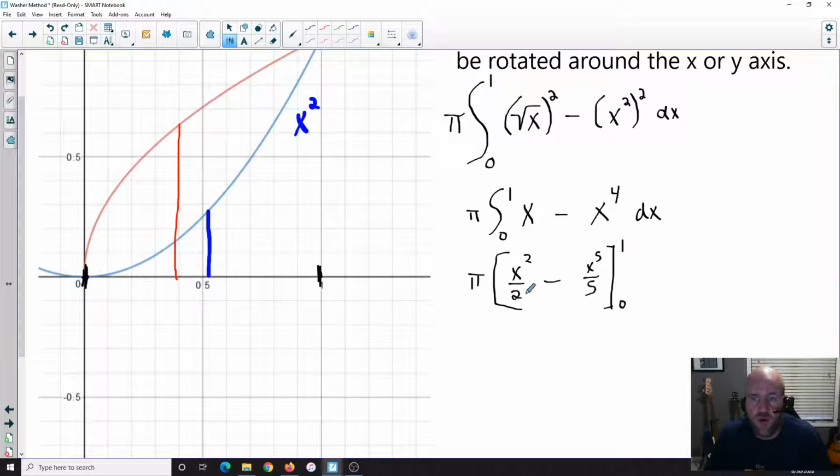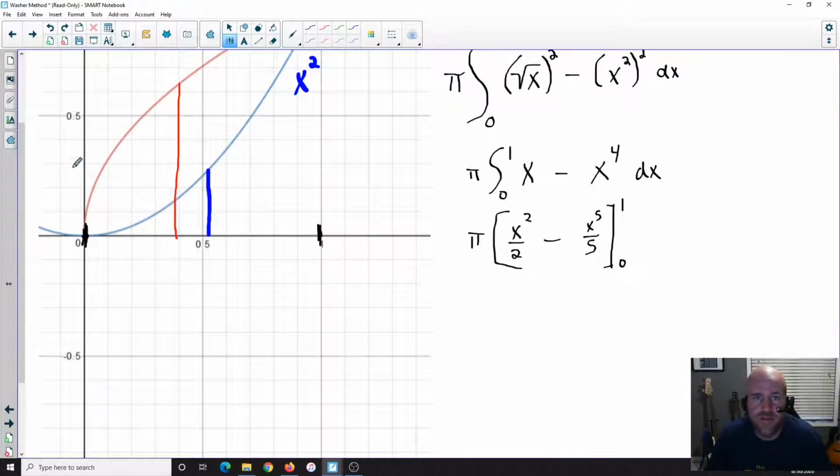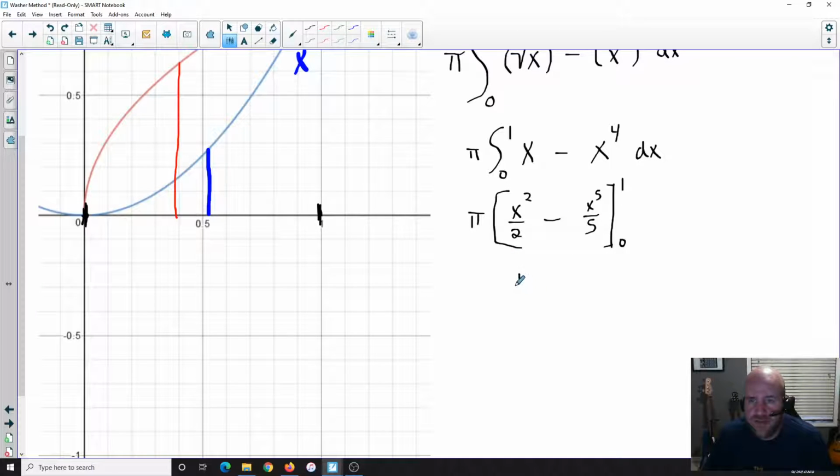So now if we plug in 1 and then we plug in 0 and subtract the values, we'll find the volume of the solid that we created by rotating around the x-axis. So plugging 1 in gives us 1/2 minus 1/5. If we plug 0 in, we can see that those just cancel out.